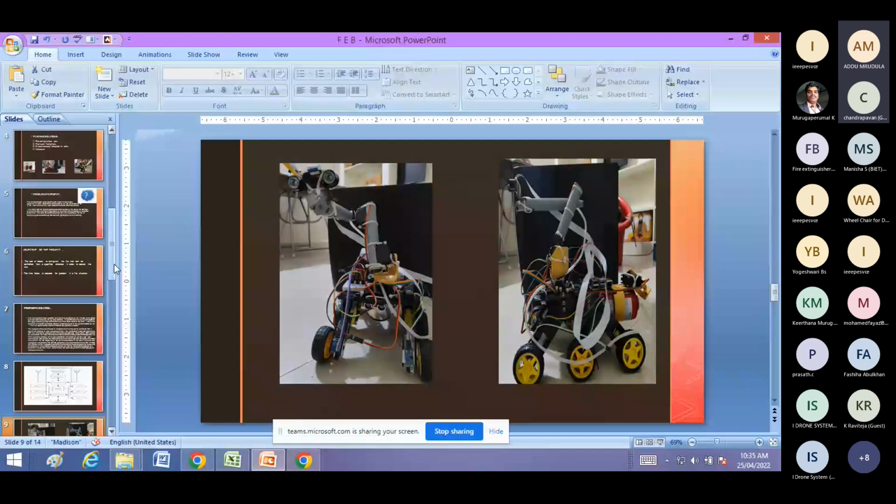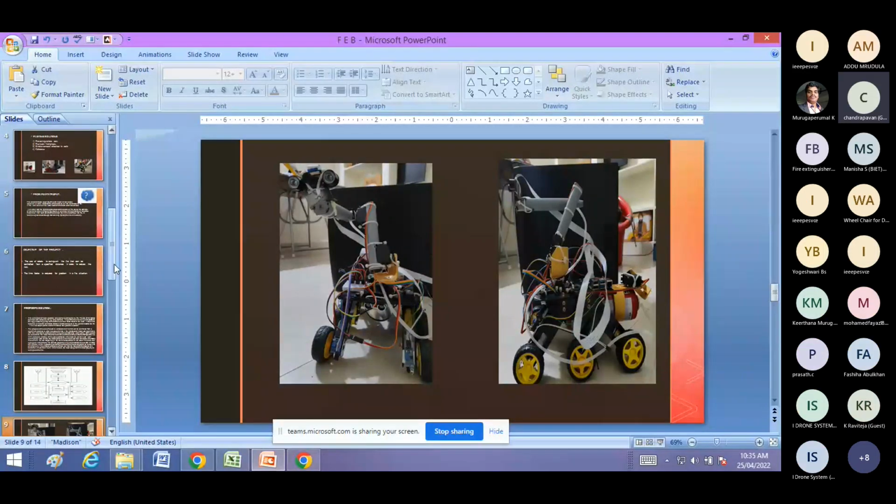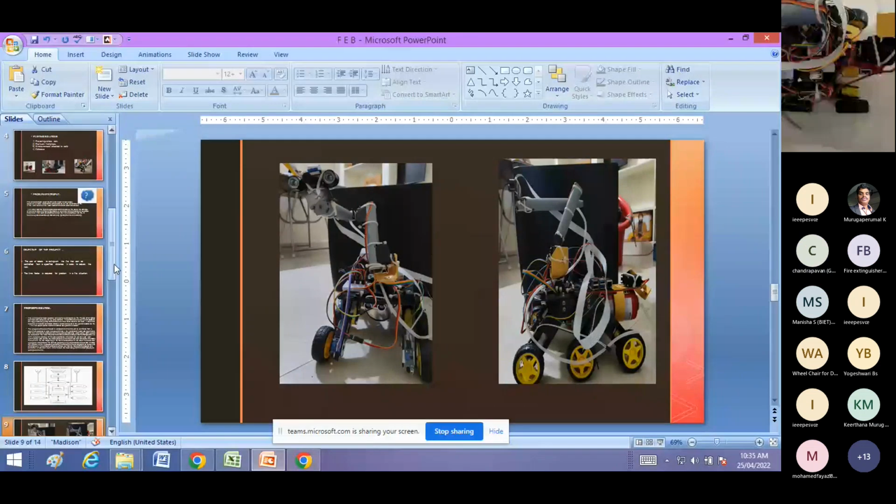So, okay, we'll go to team number 3. Team number 2, thank you. So please exit from the screen share. Team 2, please exit from the screen share.